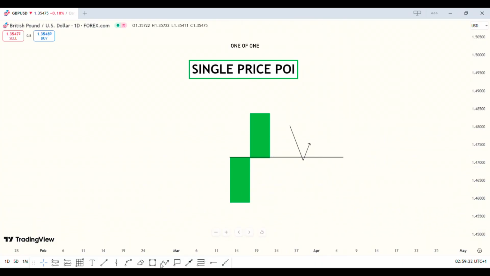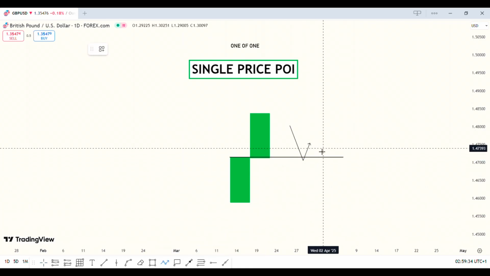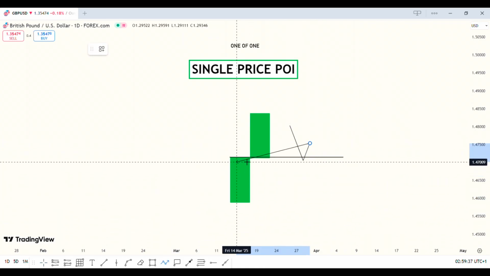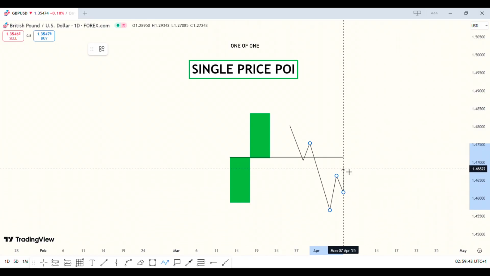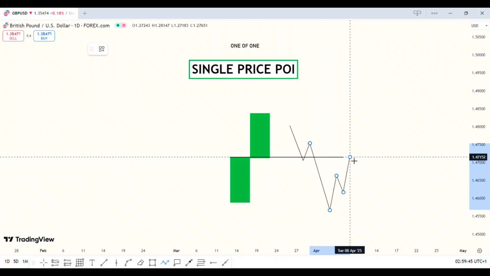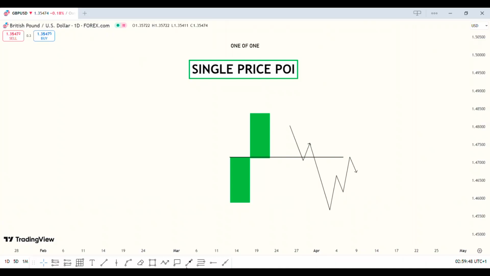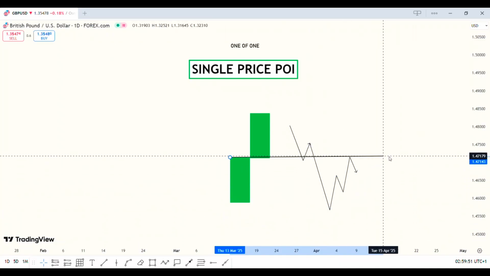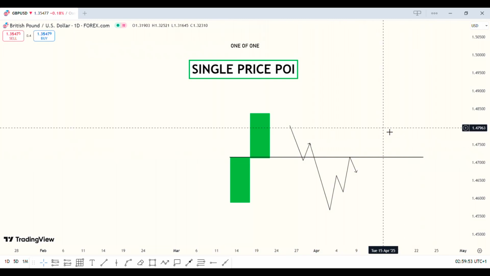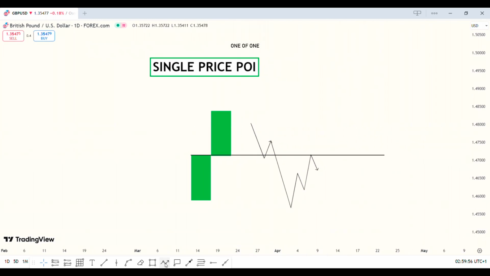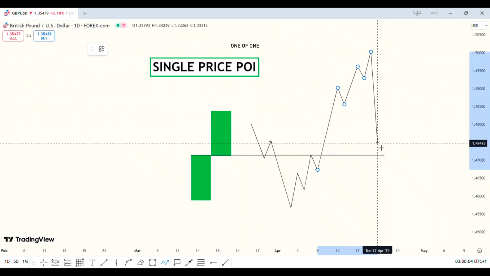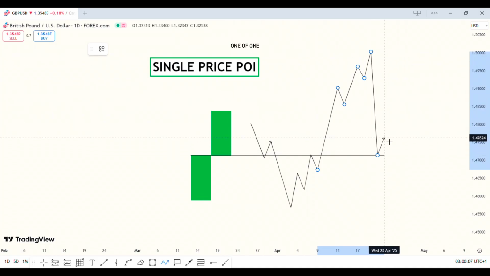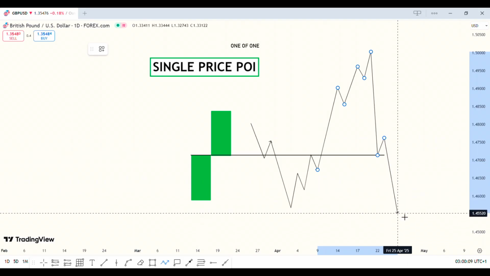Price would reject, and eventually break through that closing price. And maybe when price revisits that area, it taps into it, rejects again and closes above again. This is completely valid. It does not invalidate that zone in any way. Price rejects off that zone, then maybe breaks it and moves and moves, and ultimately comes back to that zone, rejects it again, and breaks through.